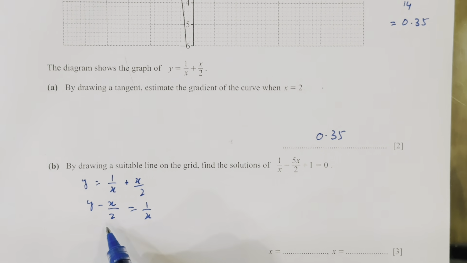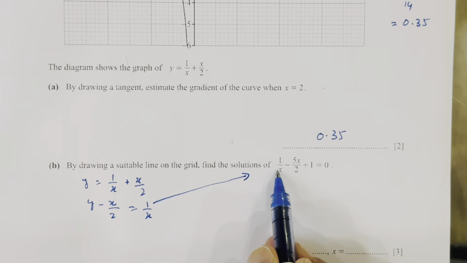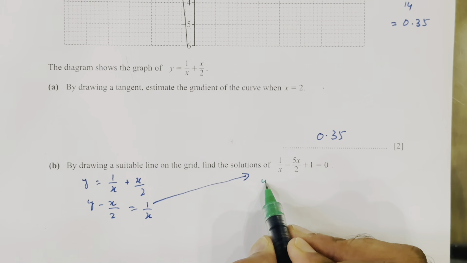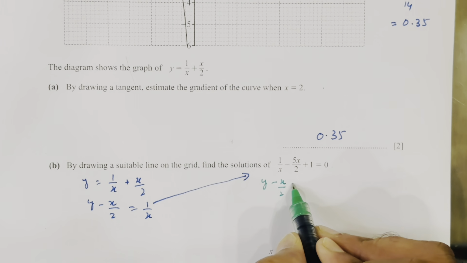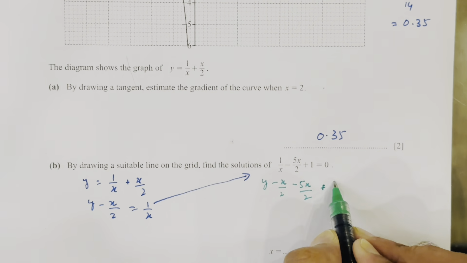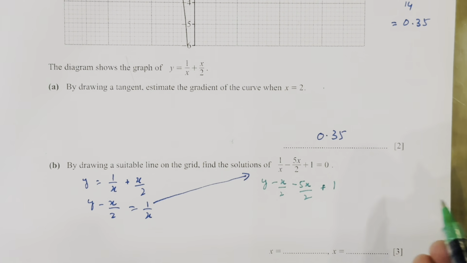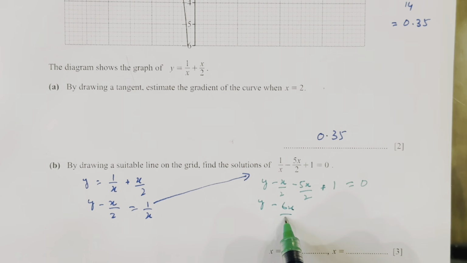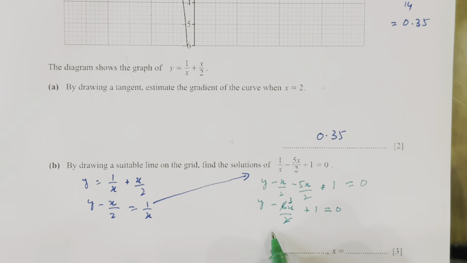So we put this value of 1 by x in this equation. After substituting, y minus x by 2 minus 5x by 2 plus 1 equal to 0, you get y minus 6x by 2 plus 1 equal to 0. Cancel 2 with 6, you get y is equal to 3x minus 1. So y is equal to 3x minus 1 would be our line.